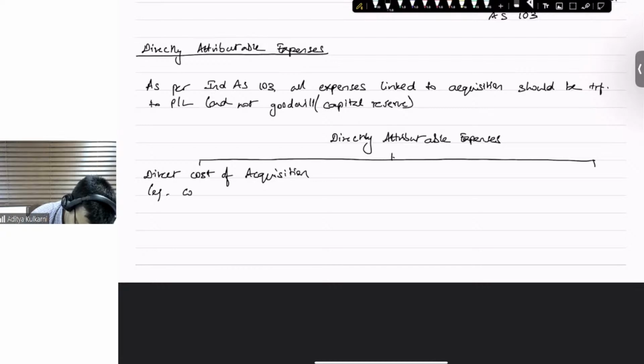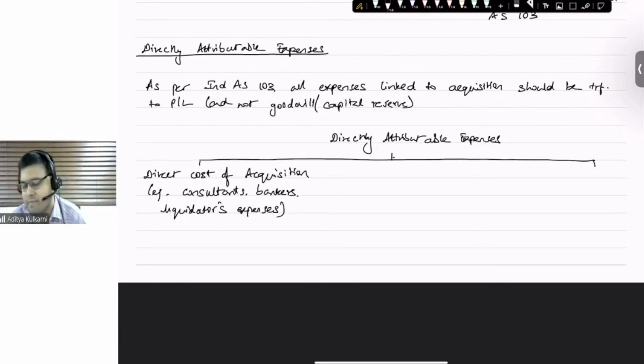Example, consultants, bankers, liquidators expenses. If the selling company is going to shut down, where will this go? Without doubt, this will go to the profit and loss account.